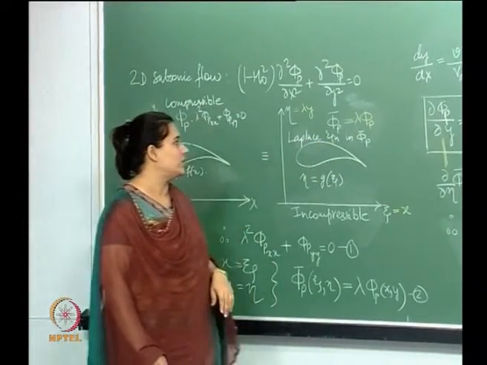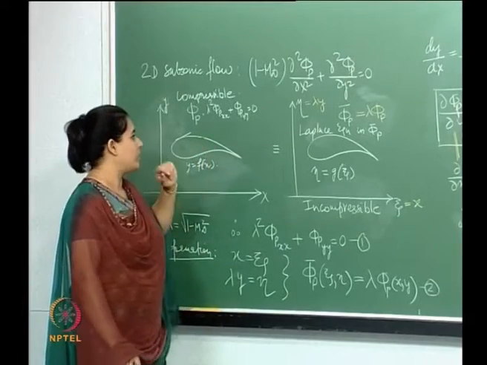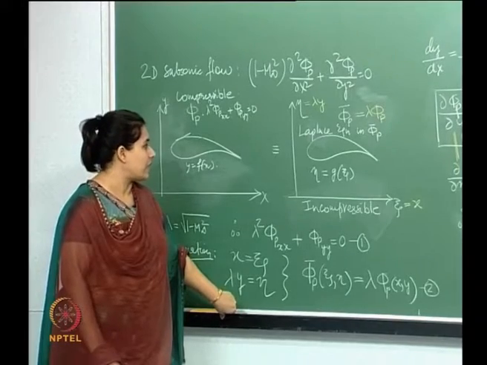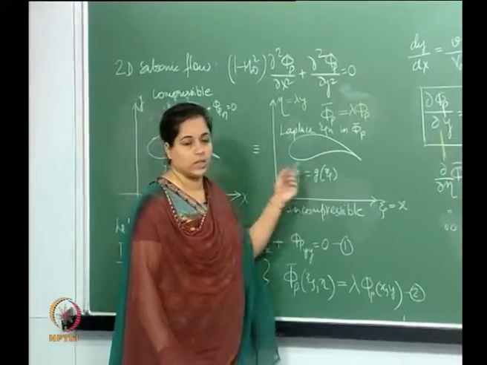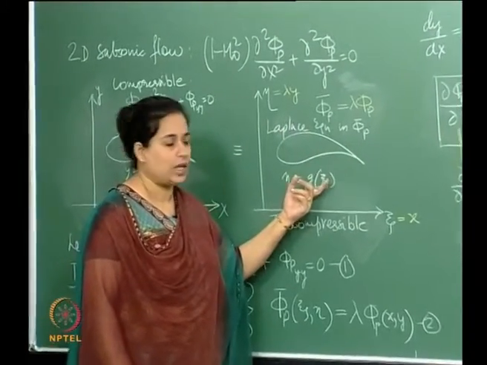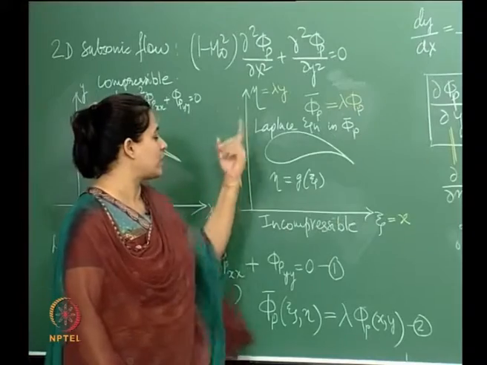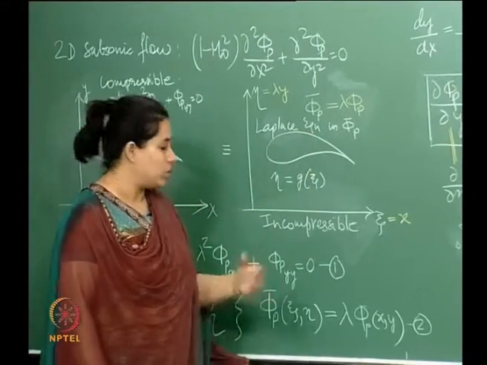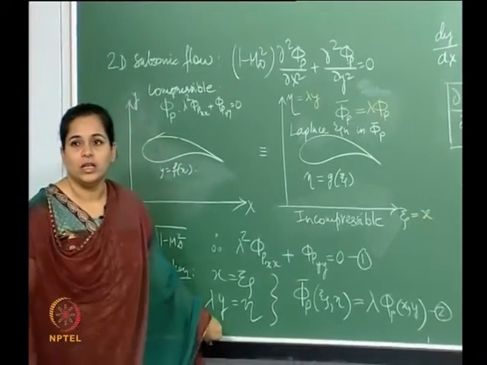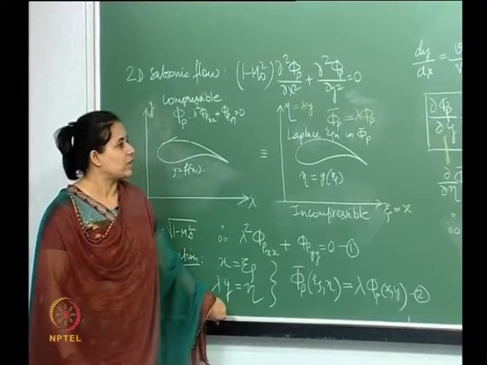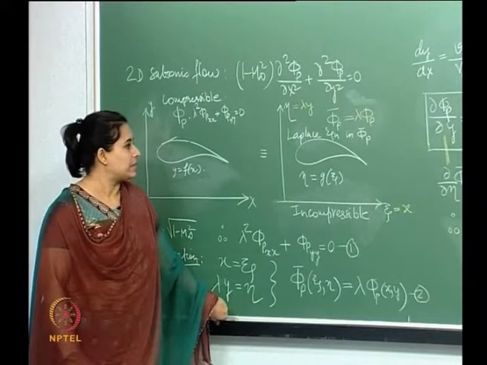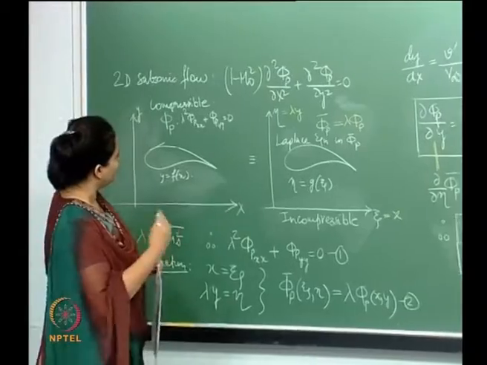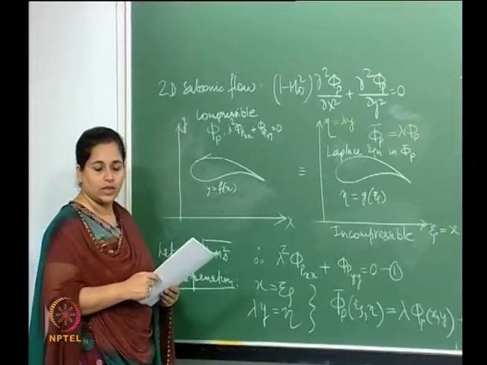This is the relationship with the phi p of the xy coordinate system, and what we see is that we get the same shape, but the governing equation transforms to the Laplace equation in phi p bar, which is nothing but the governing equation for incompressible flow. So this really makes our life a lot easier, even than with linearization, whatever we had.